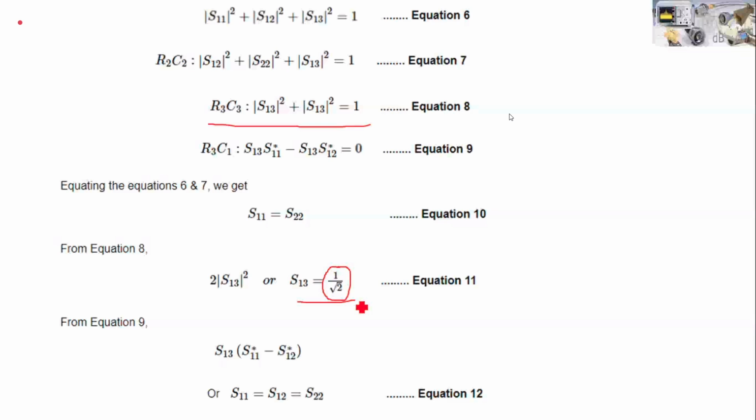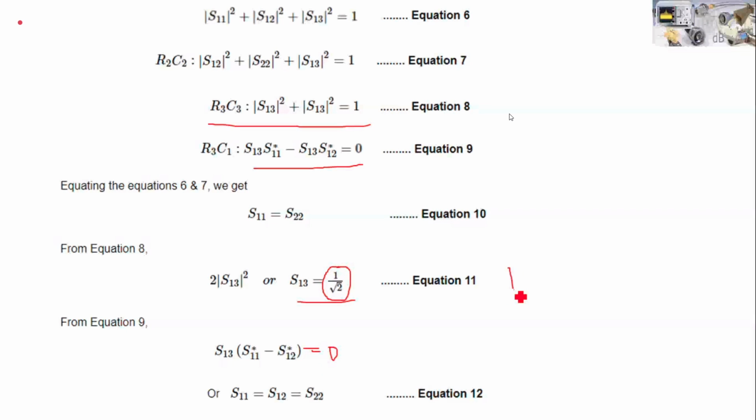Yeah. Now see equation number 9. Equation number 9 is S13 S11 conjugate plus S13 S12 conjugate is equal to 0. So from here you take S13 common and equate this to 0. What you will get? S11 conjugate minus S12 conjugate is equal to 0, which again means S11 conjugate is equal to S12 conjugate.